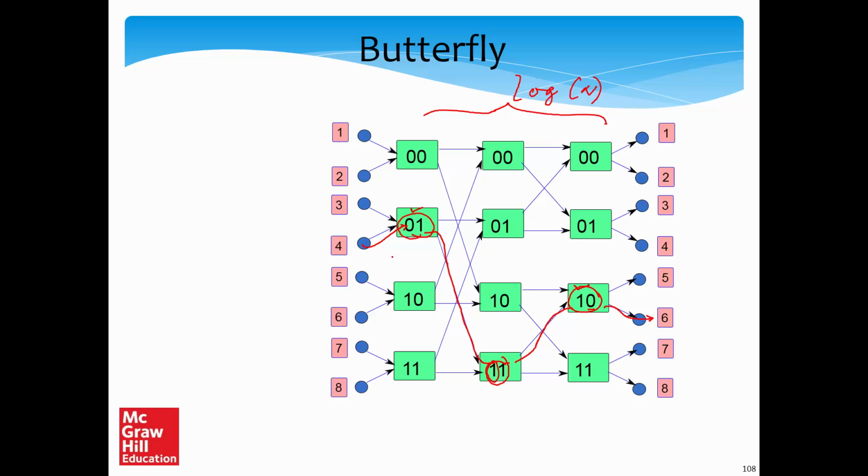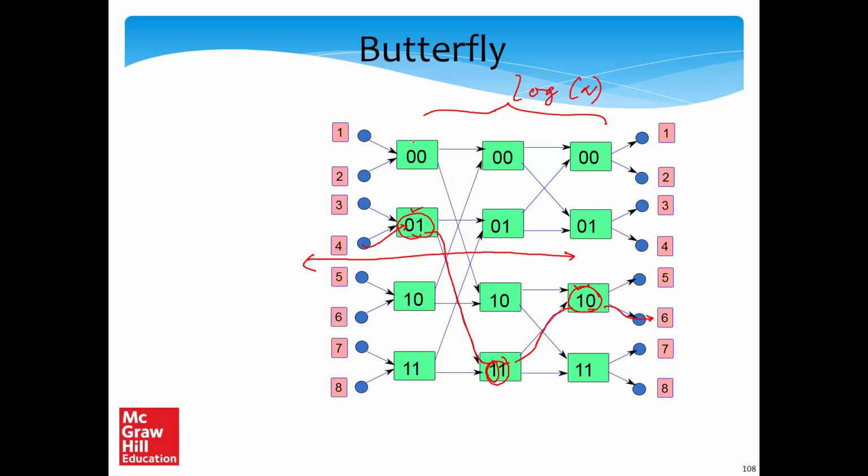As you will see in the book and also in other relevant references, the bisection bandwidth can be computed by cutting the network at this level. At this level, there are these cross links between nodes of one end and the other. Also the diameter for this network is very small.